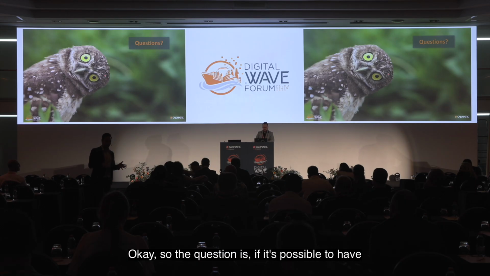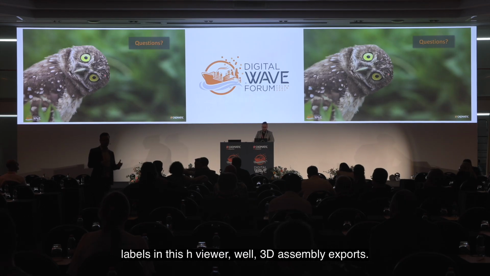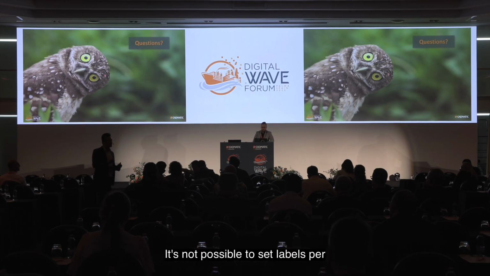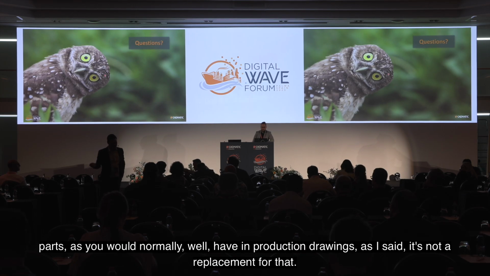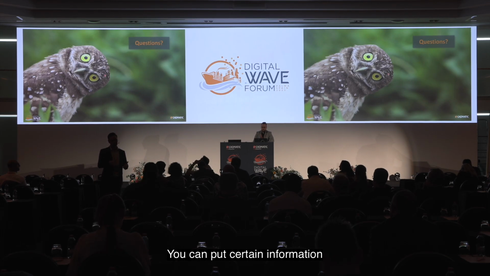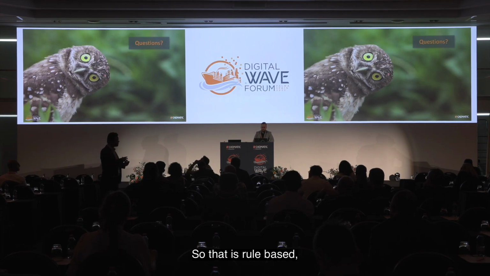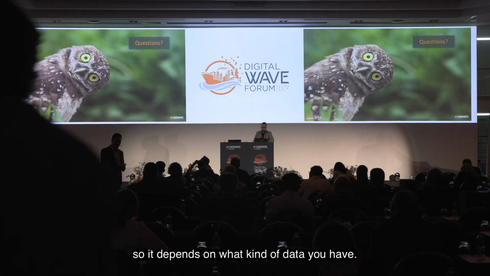Okay, so the question is if it's possible to have labels in this Hull Viewer 3D assembly export. It's not possible to set labels per part, as you would normally have in production drawings. As I said, it's not a replacement for that. You can put certain information on the PDFs. That is rule-based, so it depends on what kind of data you have.